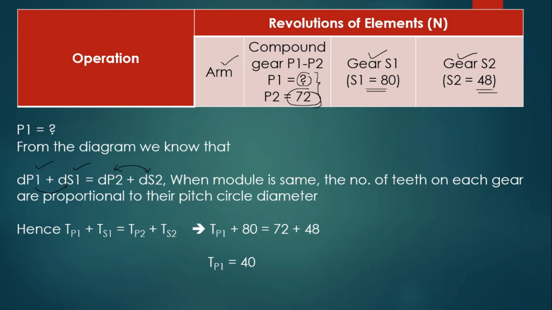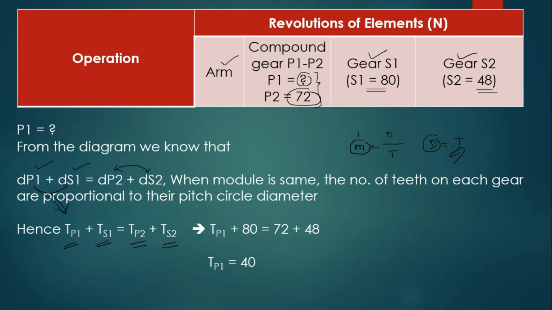When the module is the same, the number of teeth on each gear is proportional to its pitch circle diameter. We know the formula of pitch circle diameter: module is equal to capital D divided by capital T. If the module is the same, for example substituting 1 for the module, then D is equal to T. Clear? So instead of D, substitute the value T. So TP1 plus TS1 is equal to TP2 plus TS2.